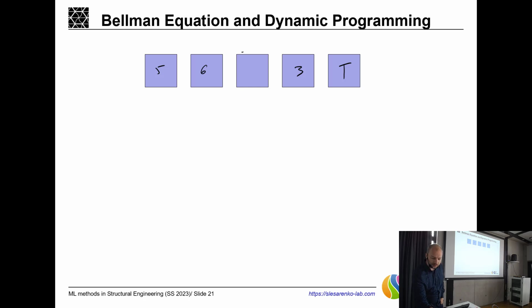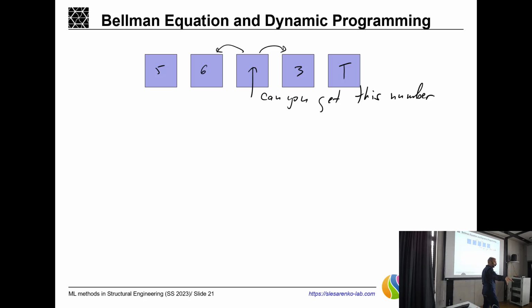Considering that from here you can move to these states with some rewards, with some penalties, can you get this number? Considering that we have some cells already with numbers, with this V for each state. Let's say the states are 0, 1, 2, 3, 4. So V of state 0 is equal to 5. V of state 1 is equal to 6. And we are asking what would be the value of the state in between.